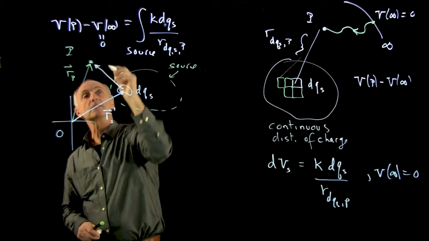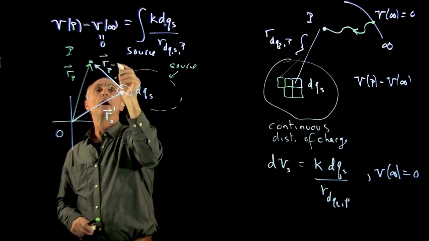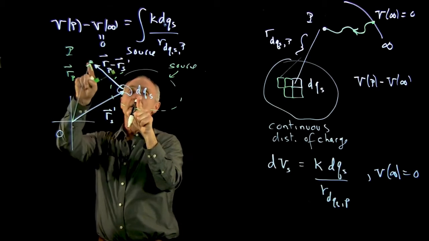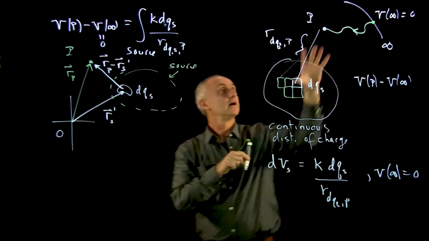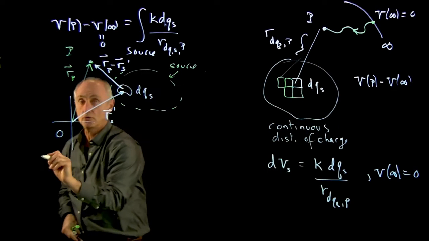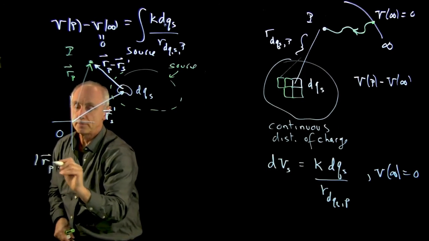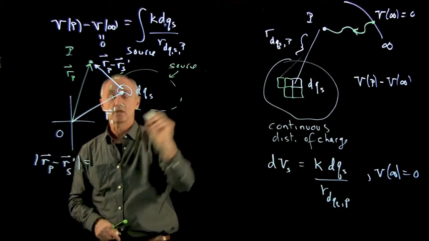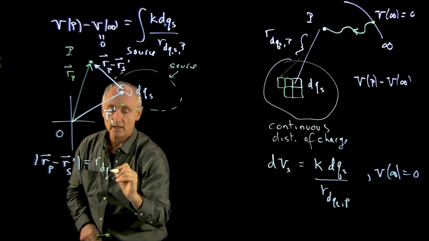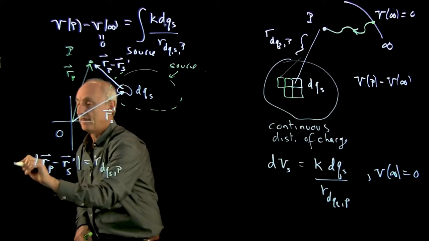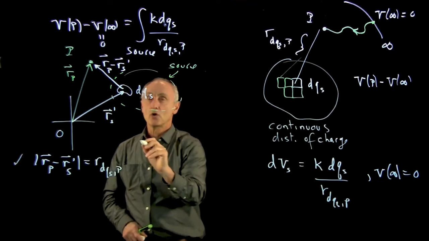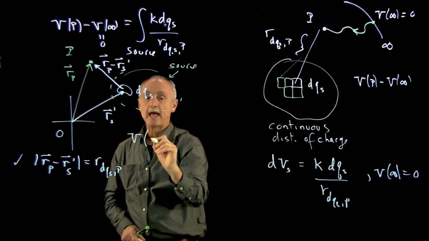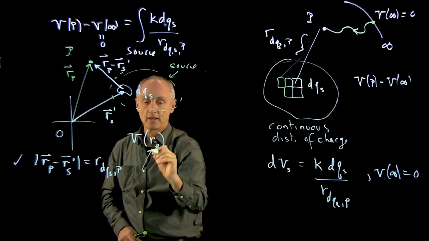I'll write r prime source. And this distance, r_P minus r source prime, is the distance that dq, the source, is from P, and we see that the magnitude of that vector is in fact the distance r from dq source to P. And that's the quantity we want. So now using our origin, we can write the potential function at the field point.